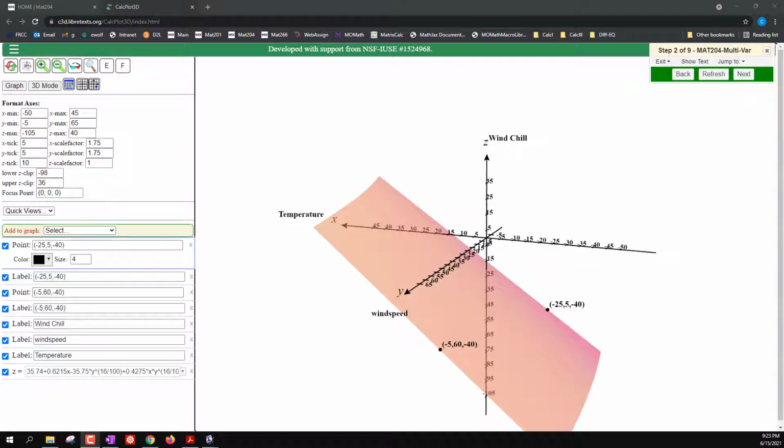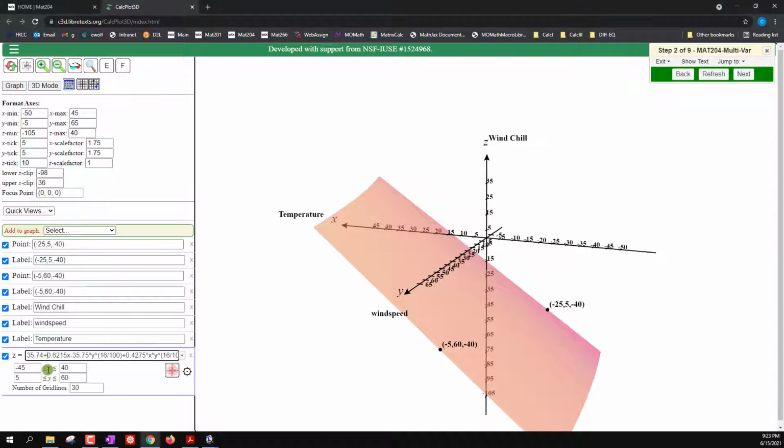So I want to explore what are called contour plots. And so first of all, without explaining what they are, let's go ahead and turn them on. To turn them on this graph, what I'm going to do is I'm going to click somewhere on the graph of the function that I'm looking at, which in this case is this final check box here where I've inputted the function for the output z.